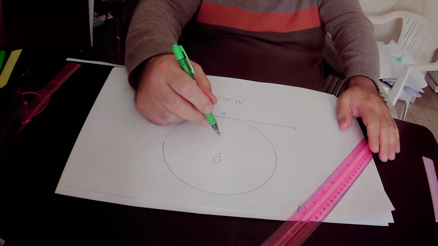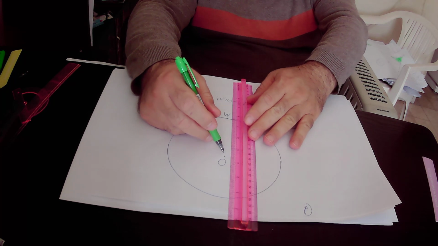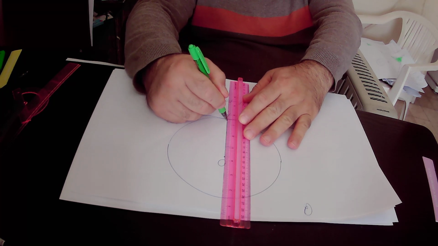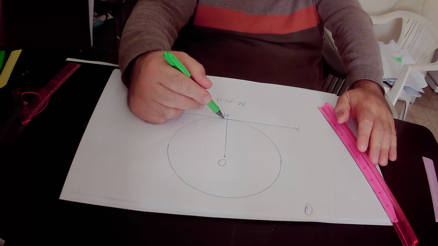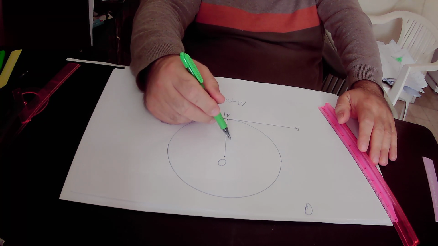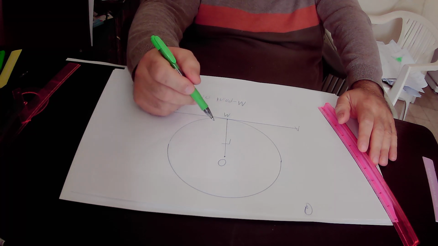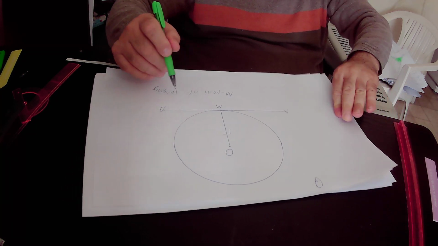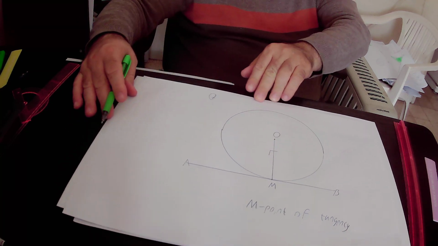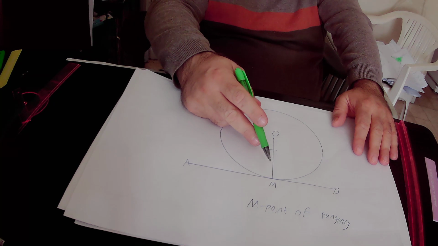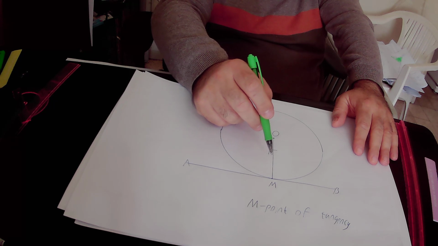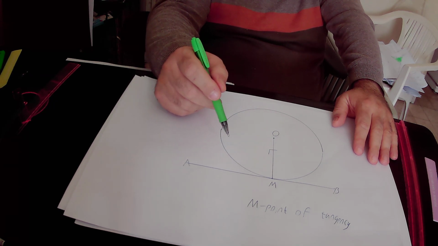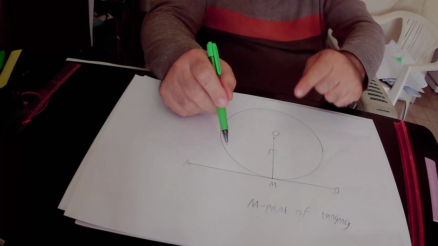We join points O and M together by a straight line. OM is the radius of this circle because it starts from the center of the circle and ends at point M, which is a point on the circle itself, so we'll define it as R, radius. And here, as you can see in the drawing, the radius OM is drawn to the point of tangency, that is to say, it is drawn to point M, the point of tangency of tangent AB with this circle.